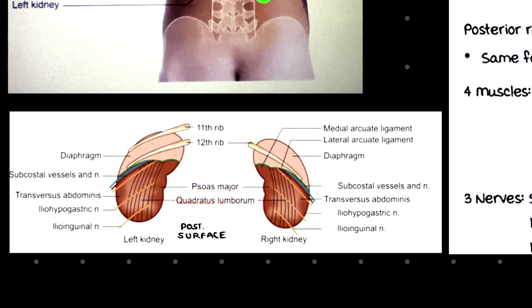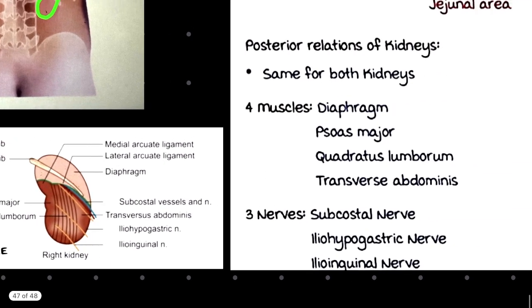And another muscle that we need to know is our diaphragm. This is also made up of tendons. So this is about three muscles and three nerve supplies.